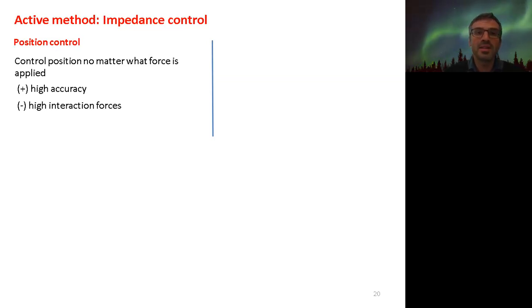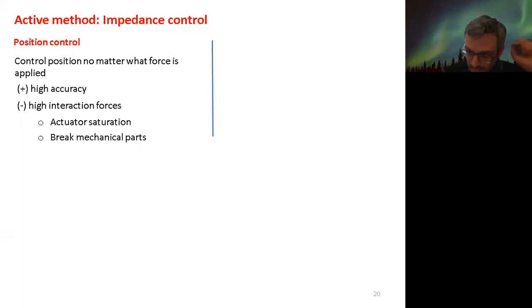The drawback is that if you try to achieve your goal at any cost, you can have high interaction forces whenever you are in contact with the environment, and you can reach saturation of the actuators, for example, or breakdown of the mechanical parts. You can damage the actuators, so you can break the gearbox.